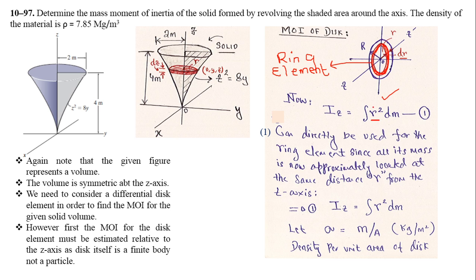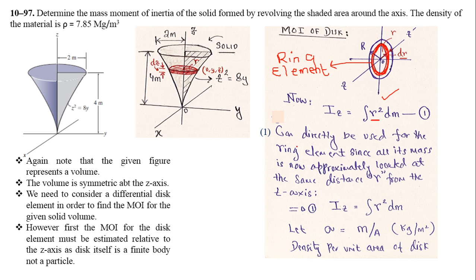So this formula r square m can only be used when all the mass is approximately located at one fixed distance from the axis, and that one fixed distance is the radius of this ring, that is small r, and all the mass is confined within its small differential thickness dr. So I can use this formula with confidence now, and using this formula I will be able to establish the moment of inertia of this disk, which is a finite body.